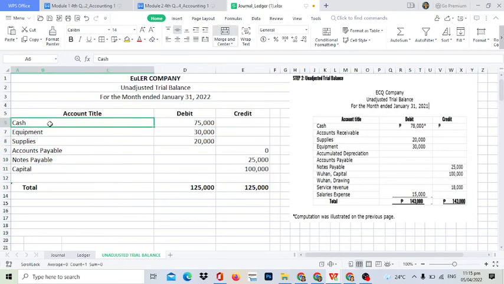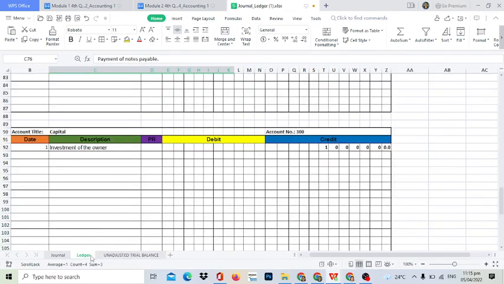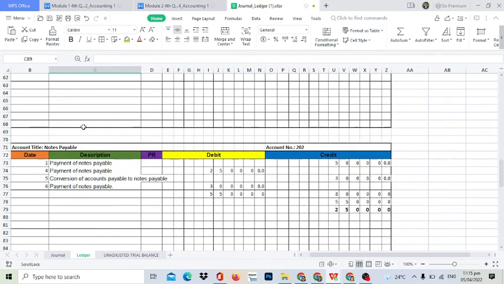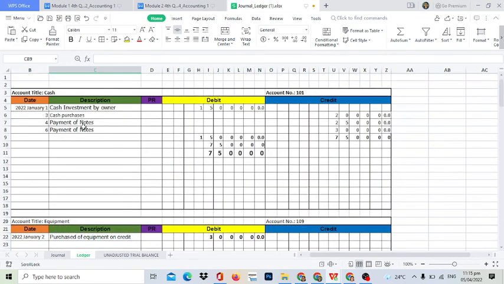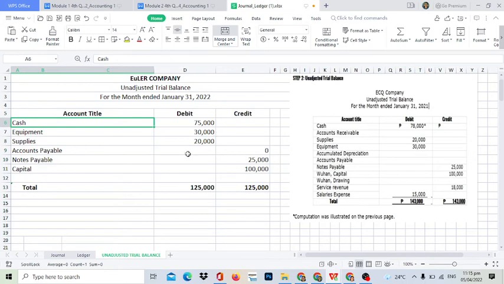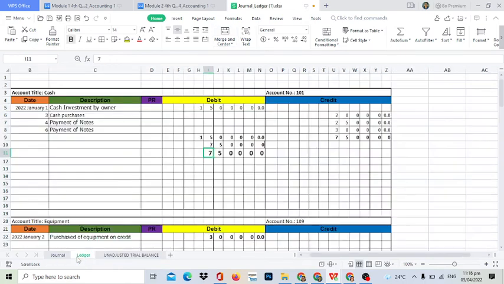So, summarize lang po natin, tingnan po natin dito sa ledger, yung total cash po ay 75,000.